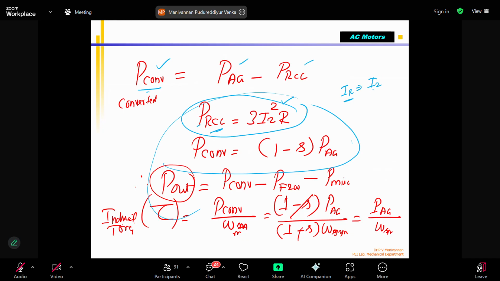IR is the rotor current, and I2 is the rotor current referred to the stator coil in the equivalent circuit. From IR you can get I2 by multiplying by A effective, which is the effective turns ratio.